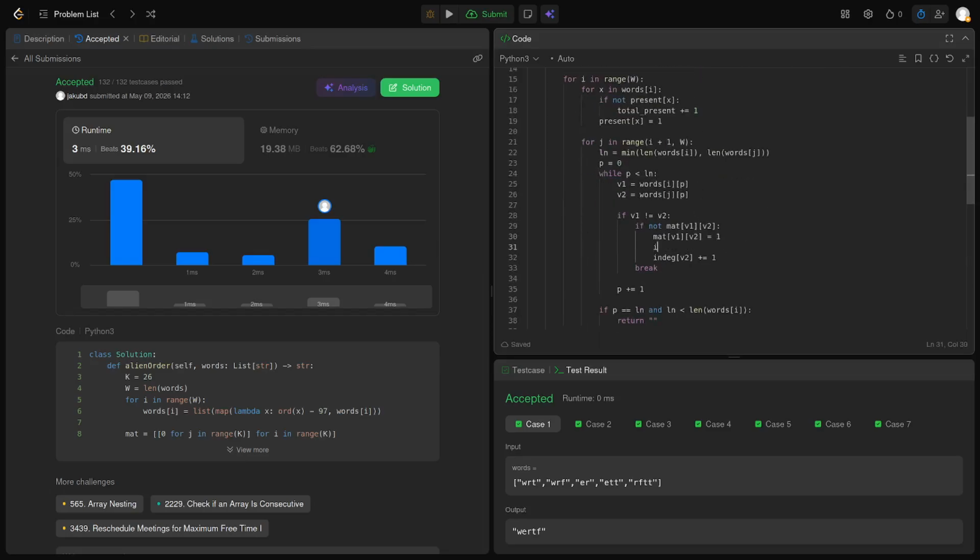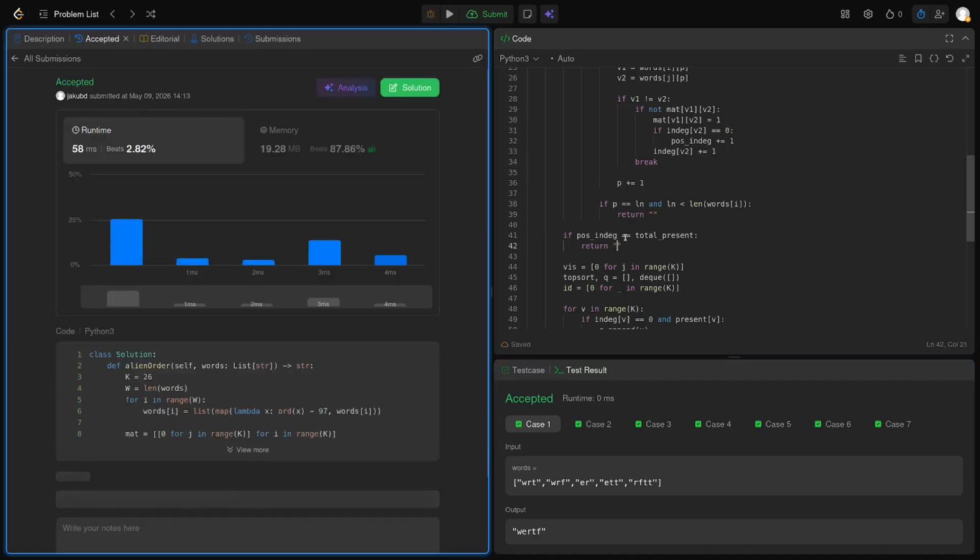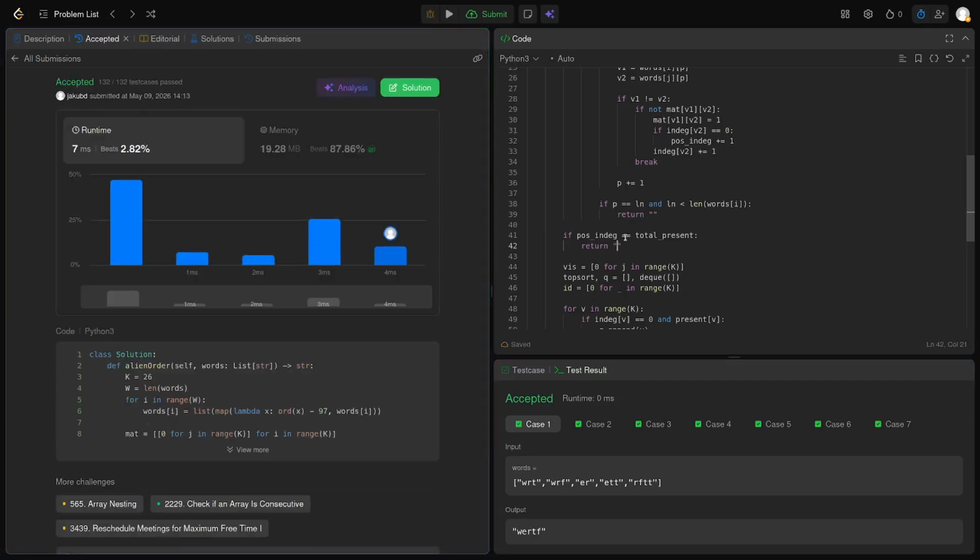Positive index. If index beta 0. Right, and now if pos index is equal to, maybe like that. What?